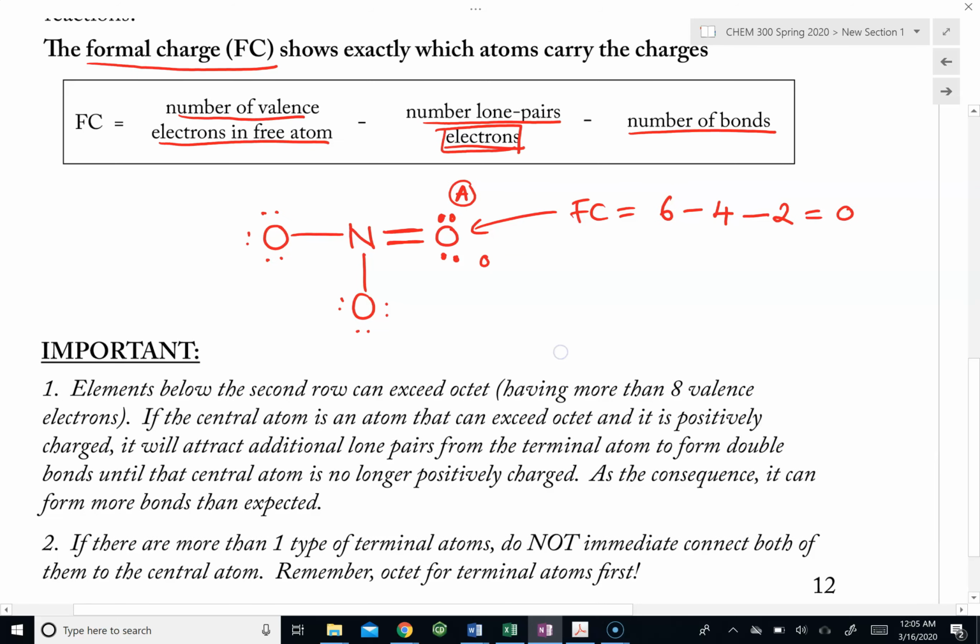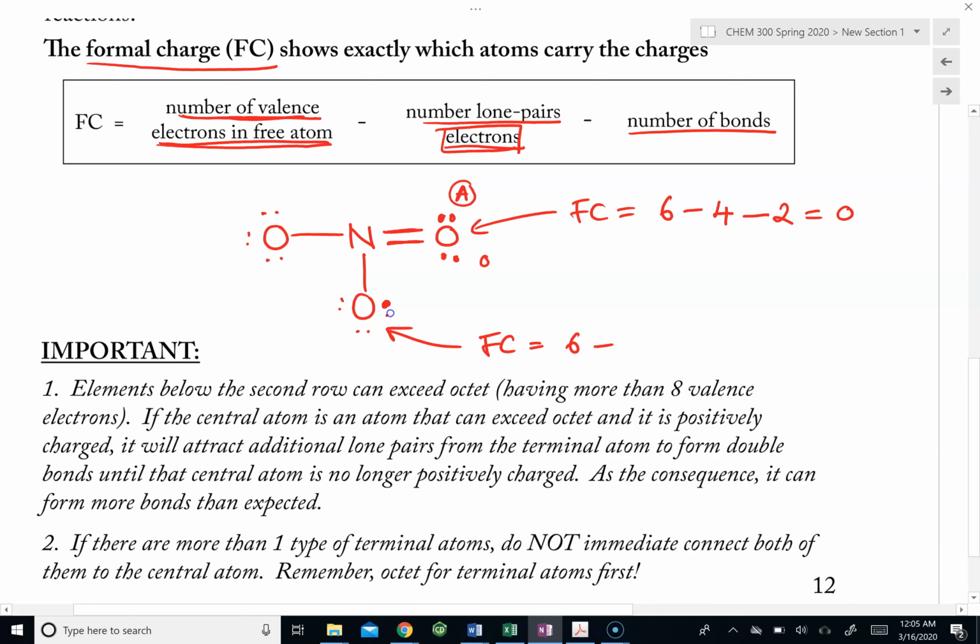So for the same step, let's now determine the formal charge of the oxygen below. In this case, the FC of this oxygen is again equal to the number of valence electrons in the free atom. For oxygen, that is always equal to 6, minus the number of lone pair electrons.